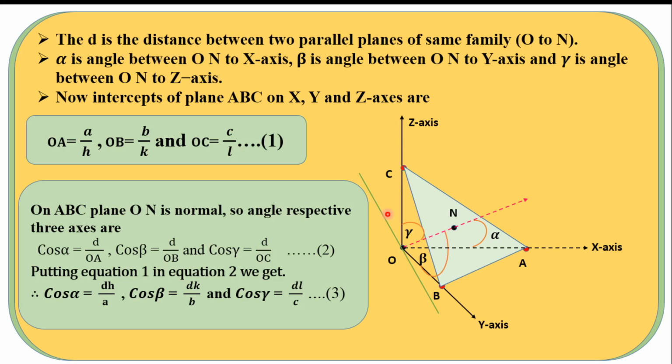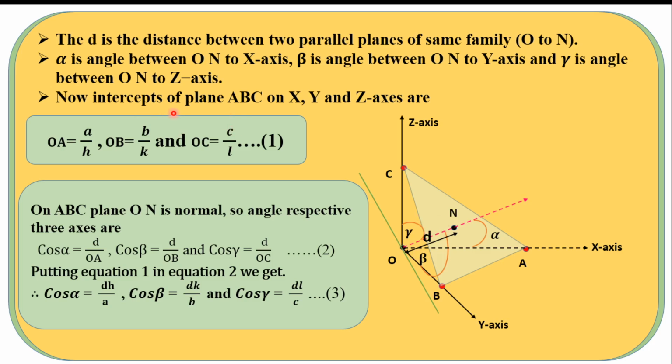D is the distance between this plane and the parallel ABC plane, between two parallel planes of the same family, meaning the same Miller indices; O to N is the distance D. Alpha is the angle between ON and the x-axis, beta is the angle between ON and the y-axis, and gamma is the angle between ON and the z-axis.